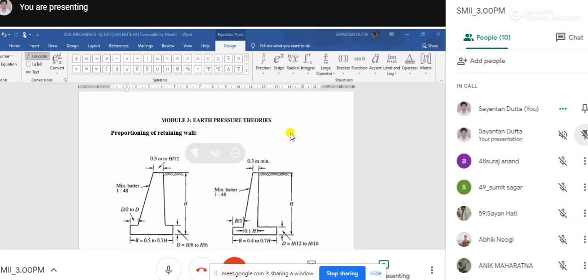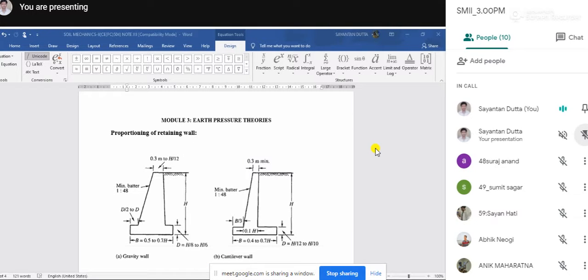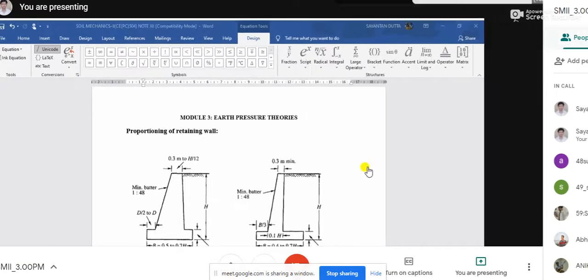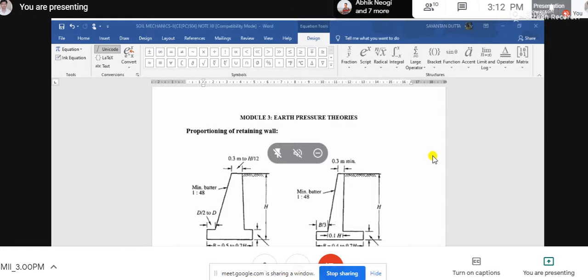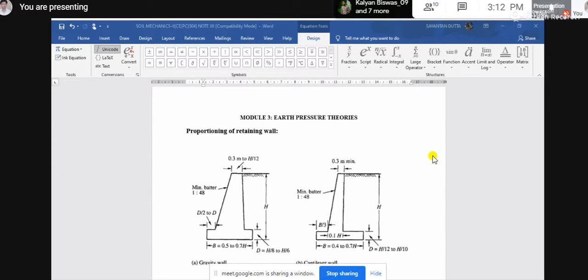We cannot assume any value that comes to our mind, but there is a codal provision, by abiding by which we are allowed to assume the different dimensions of the retaining wall.